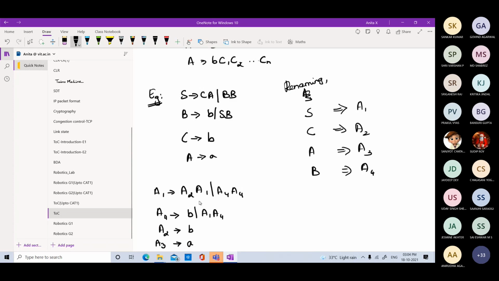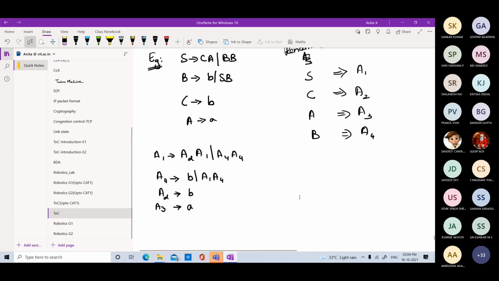Are you clear till this point? I'm on the first one, that's A2 A3. A1 derives A2 A3. Yes.